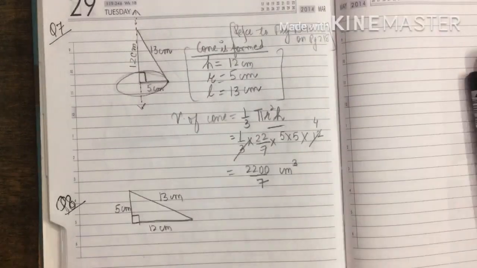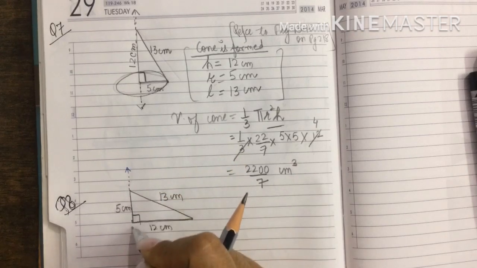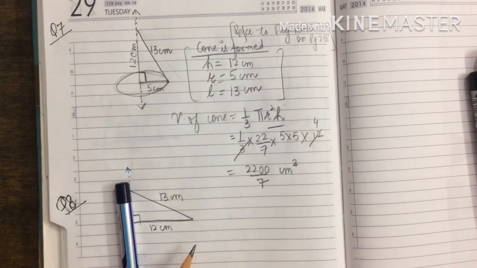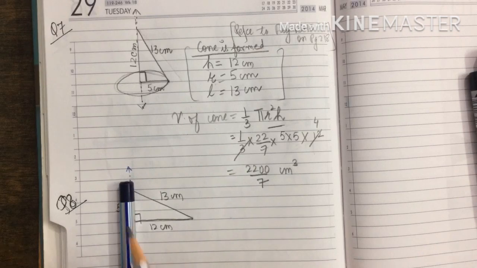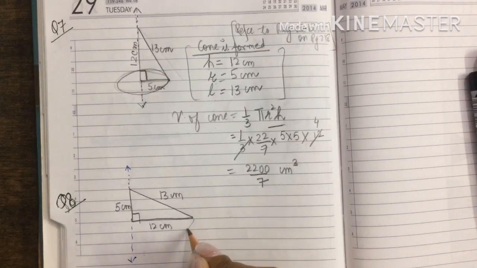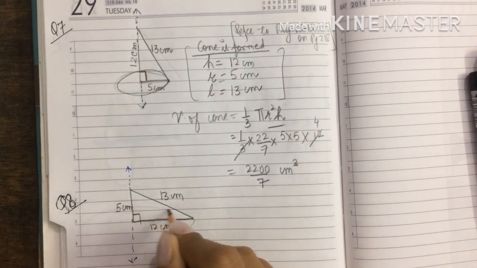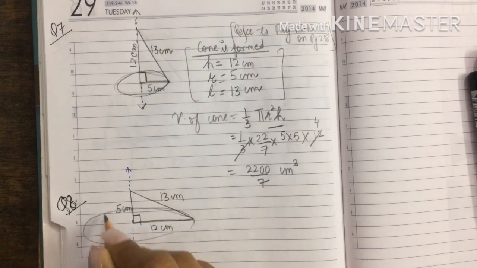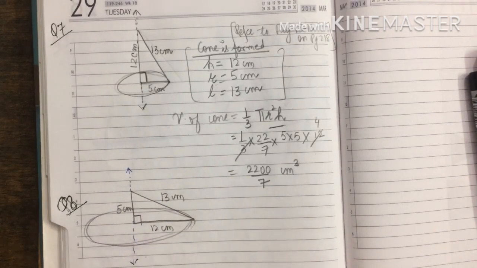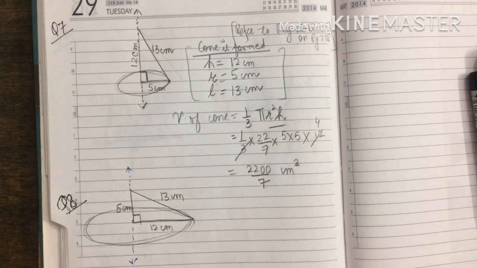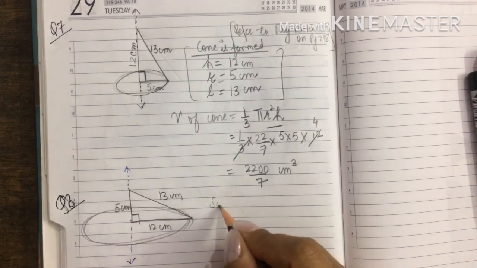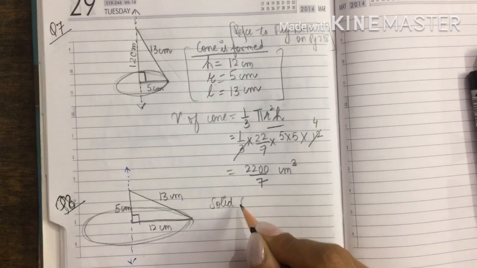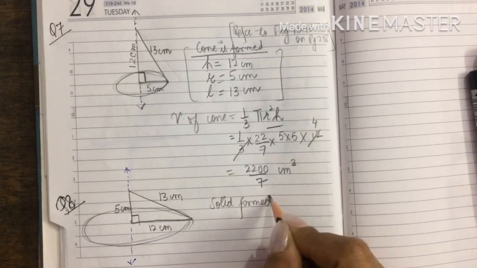Now the triangle is spinning around this side. So this side will remain still and the triangle will spin around this vertical side, and hence again this will move and a cone will be formed. And in this cone you can identify the parameters.